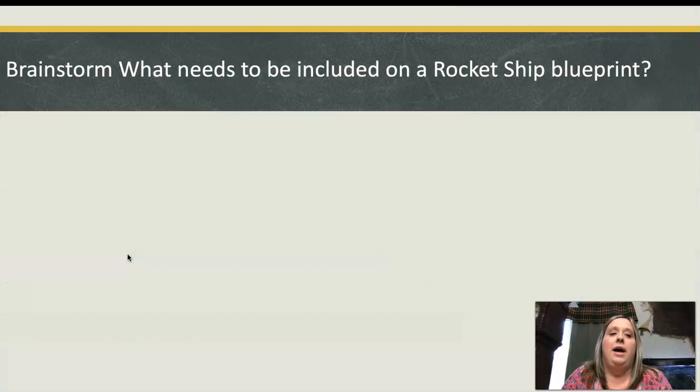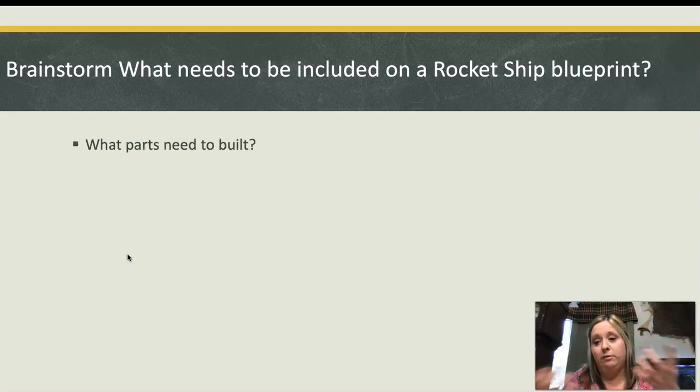So as you were brainstorming what needs to be included on a rocket ship blueprint, what are some ideas that you had? Kim says, the parts? Yes. So what parts need built? So you're going to know how many pieces go together, right? What else?